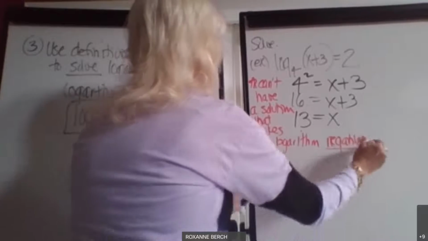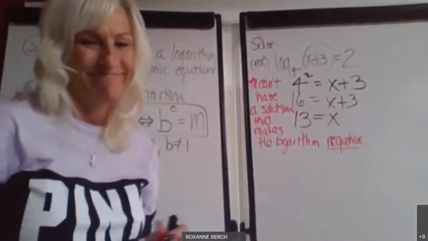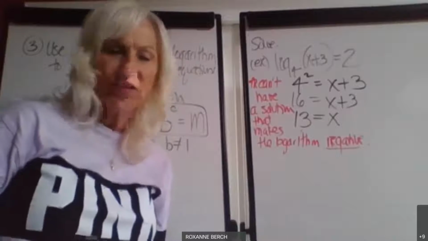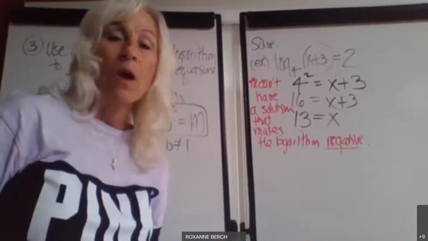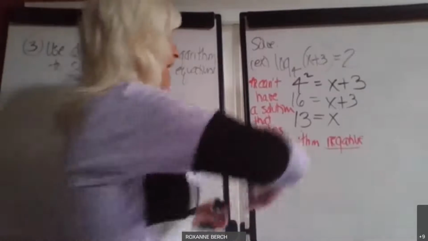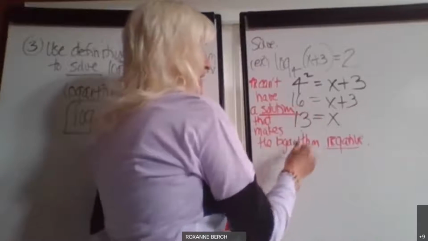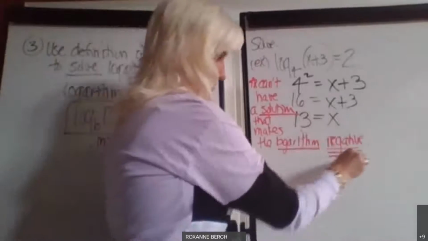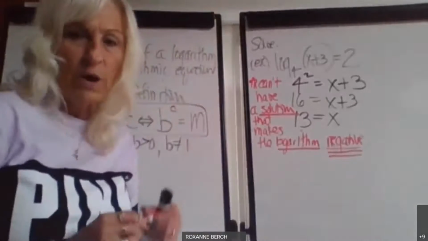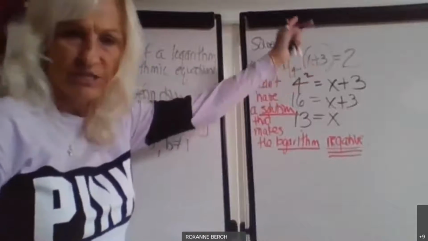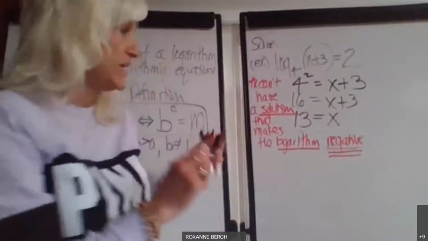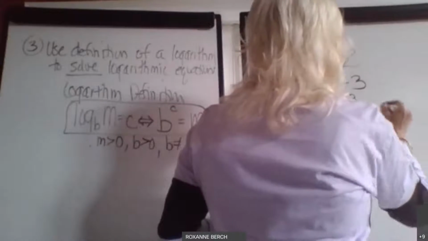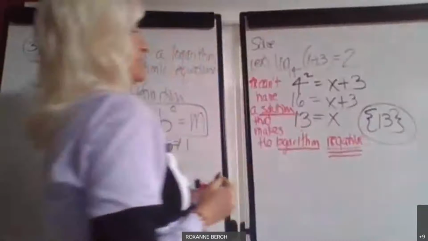Now, I'm very careful about what I wrote. I did not say you can't have a negative solution. You can have a negative solution. What I'm saying is you can't have a solution that makes the logarithm negative. So isn't 13 a good answer? Because 13 plus 3 is 16. Yes or no? Yes, it is.